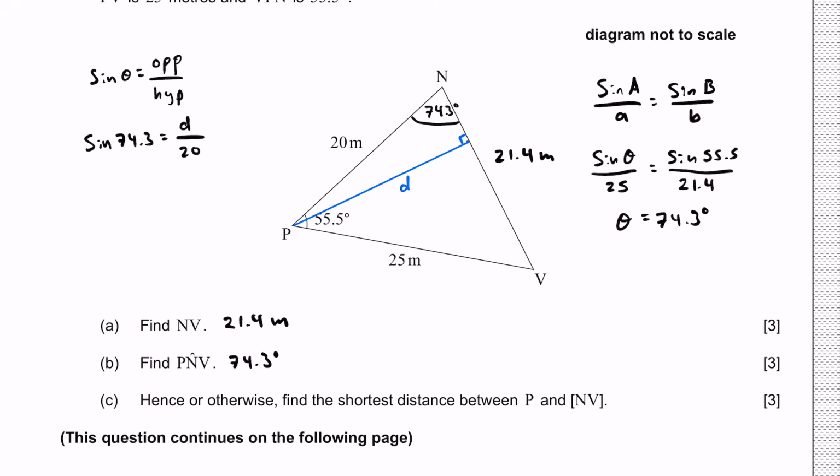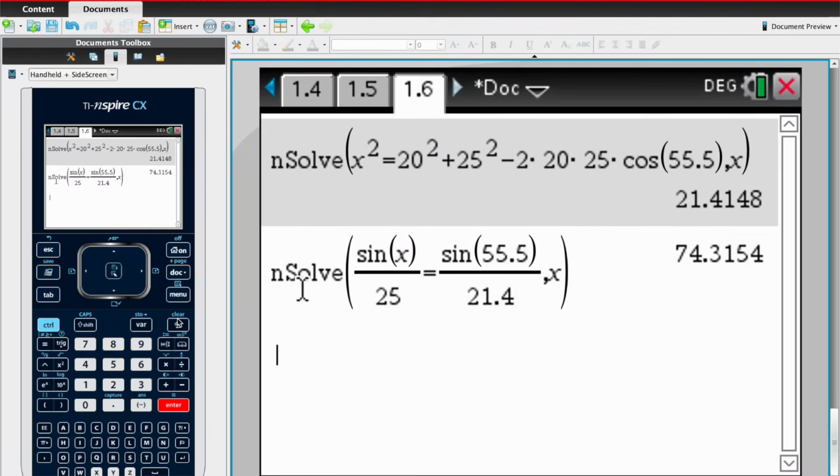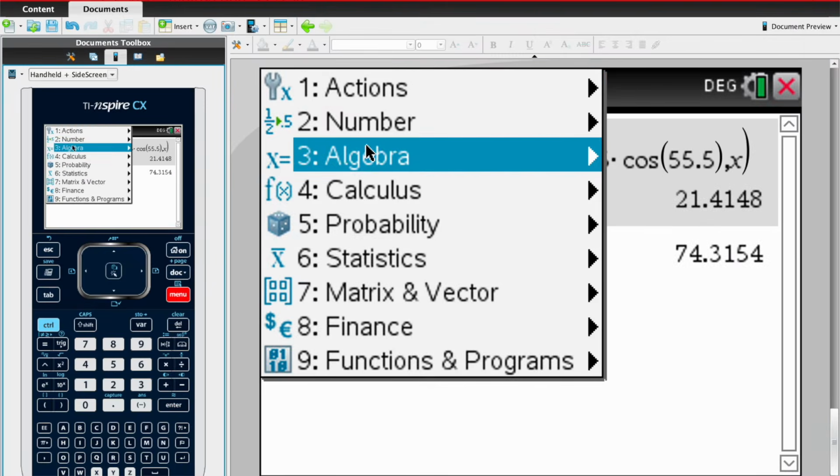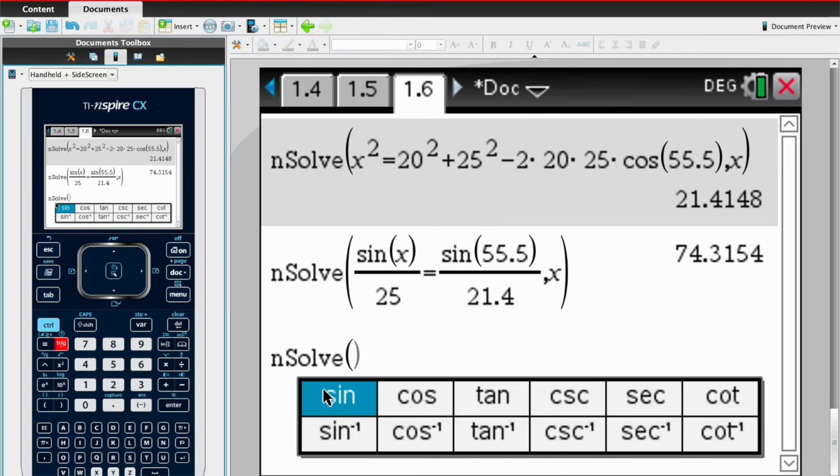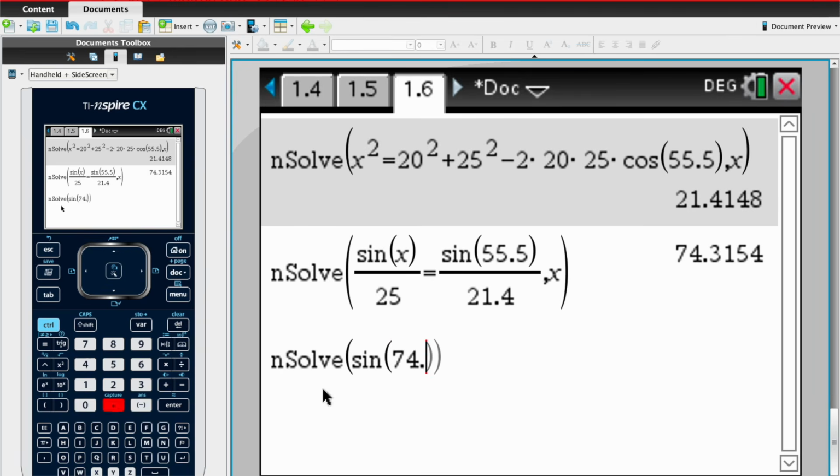And then we can do a little algebra to solve this, or we could once again use nsolve. Let's actually use nsolve to work this out. So menu, algebra, numerical solve. Sine 74.3 is equal to, and then we have d over 20.